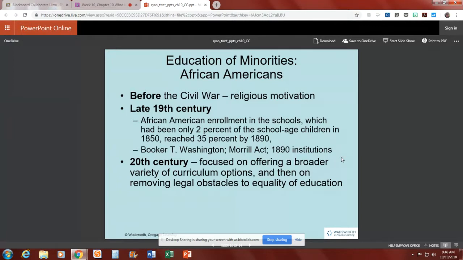Again, you might have heard of some of these resulting land-grant institutions: University of Illinois, Texas A&M, Michigan State University. And of course, these institutions have enrolled thousands, some probably millions over the years. In the 20th century, we have a focus on offering a broader variety of curriculum options. And of course, hopefully that will continue to grow.